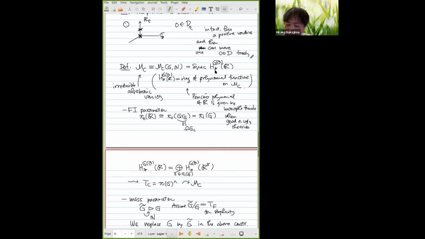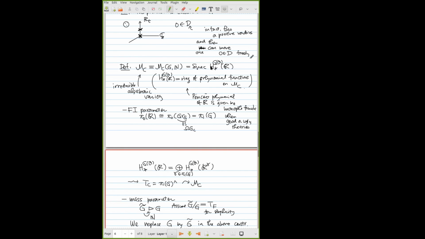So after perturbation, it could be non-negative. That could happen. The original C star action may have negative weights, but once you modify by the torus T_C, it could be non-negative degree. But anyway, our construction covers all the cases. Okay, thank you.